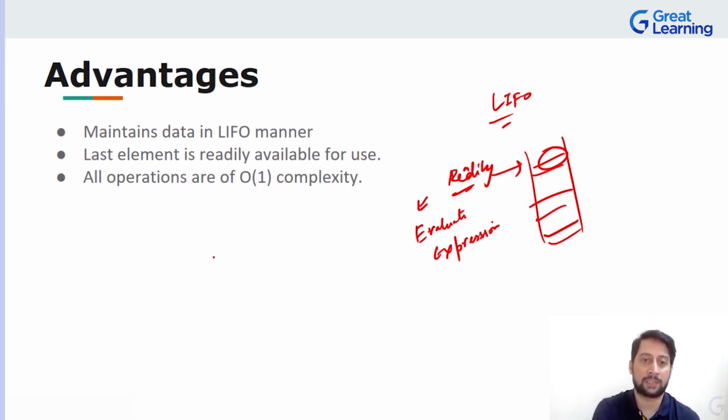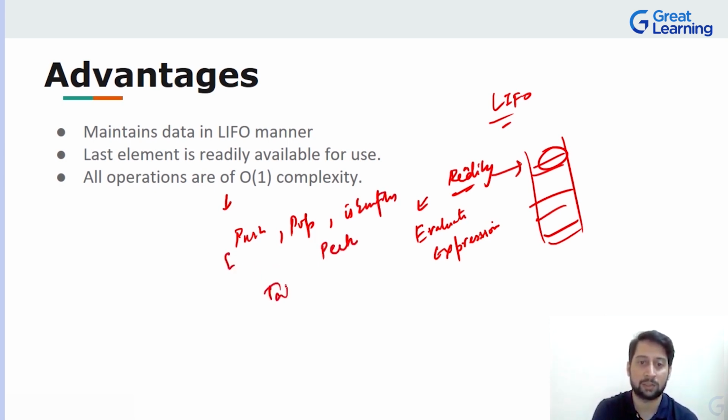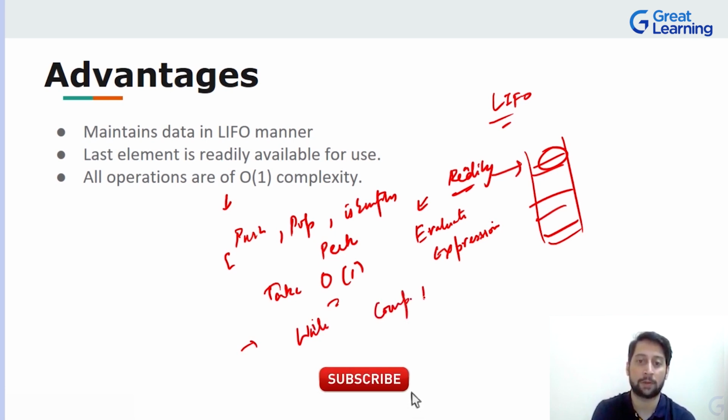And all the operations that are performed in stack, like push, pop, is empty, and peek, all these operations take a constant amount of time, which is very important while you're doing competitive programming.